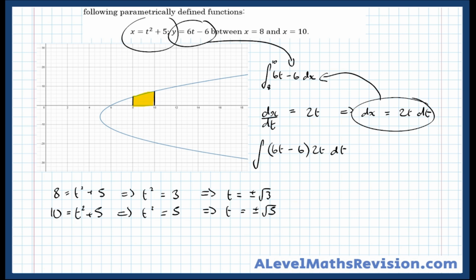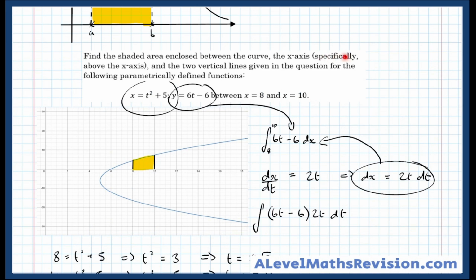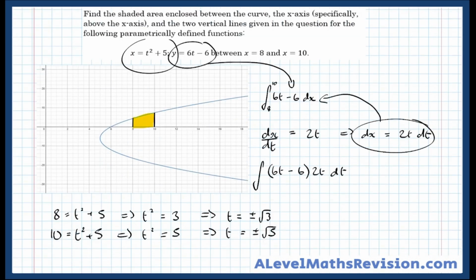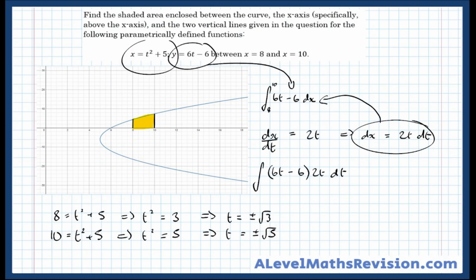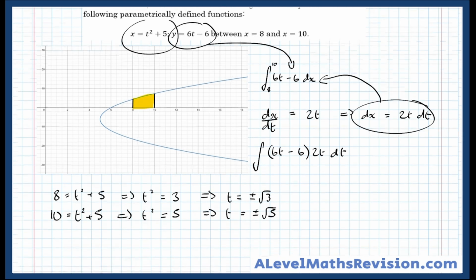Now the key here is to look at the y coordinate that each of these t limits give, because we want to use the limits that give a positive y coordinate. The reason is because the question asked us to have positive y coordinates, the area above the x-axis. It could have said below, but it didn't, it said above. So we want the t limits that correspond to the positive y coordinates.